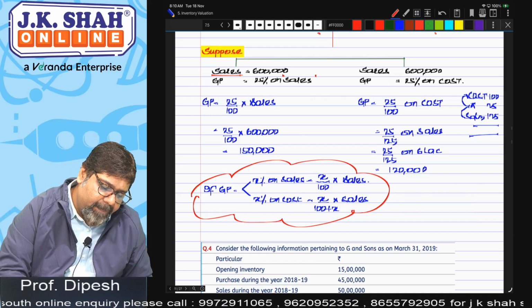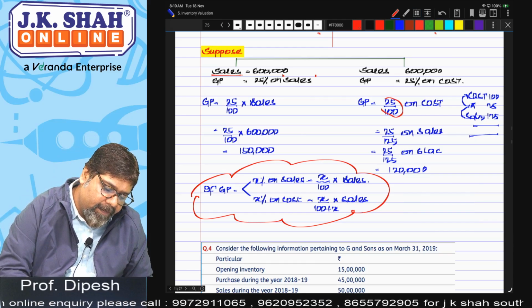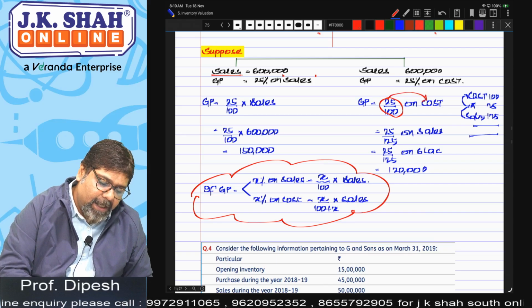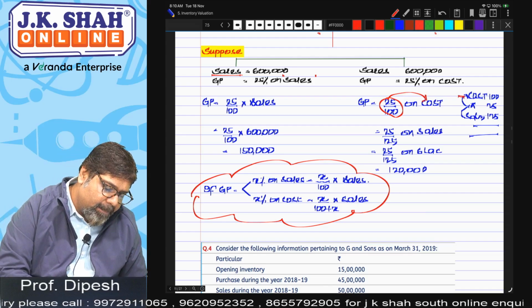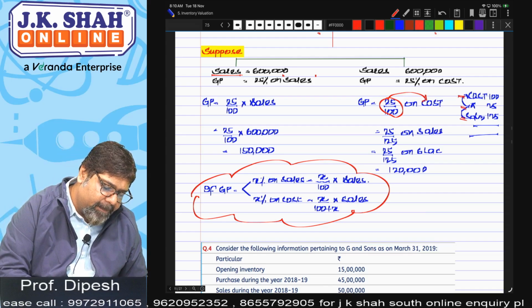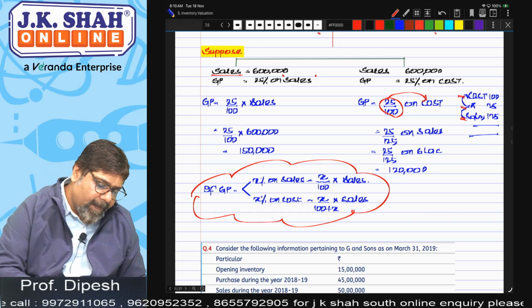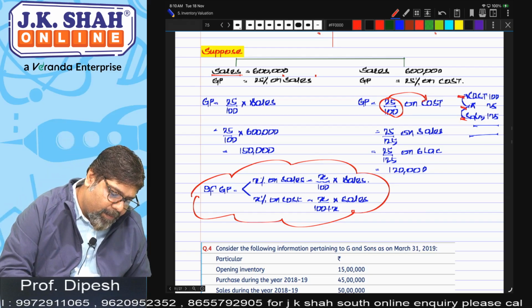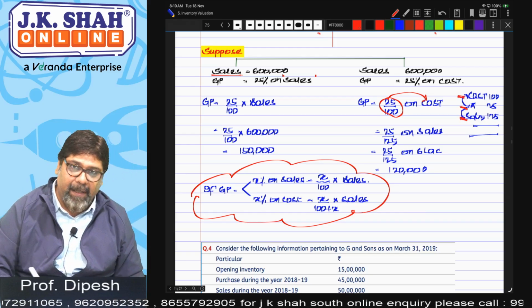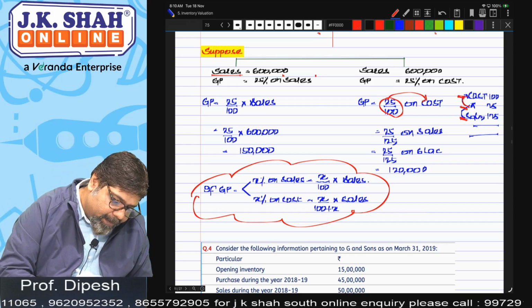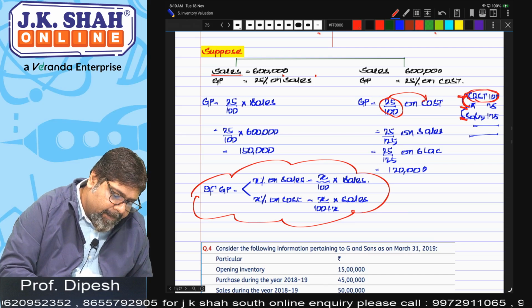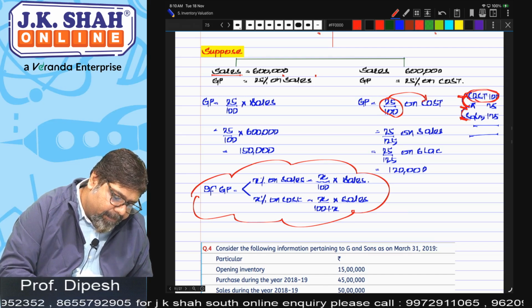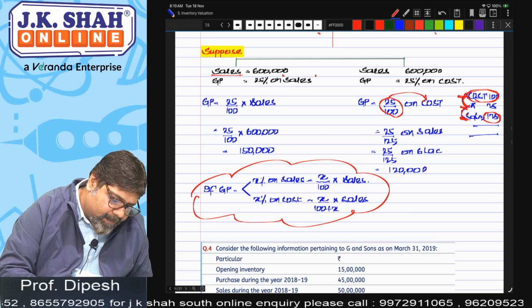GP 25% on cost means 25 by 100 on cost. If cost is 100, profit is 25, selling price is 125. That means profit is 25 by 100 on cost and profit is 25 by 125 on sales.